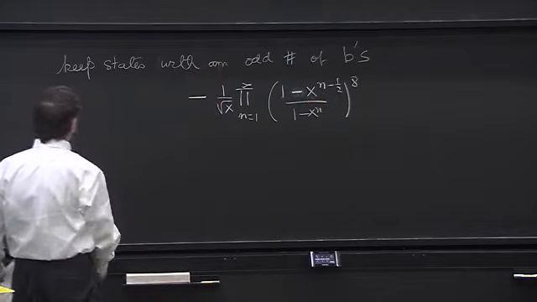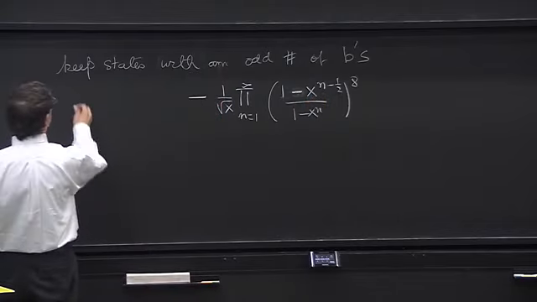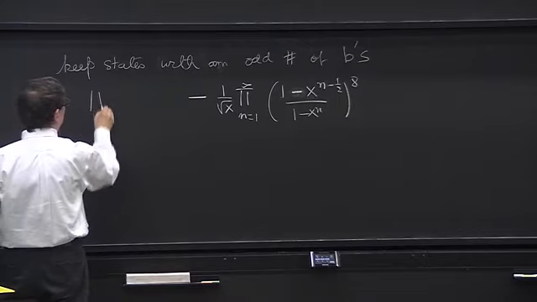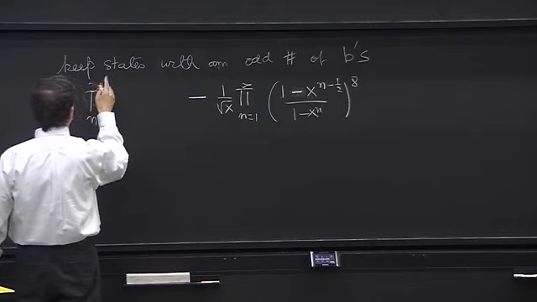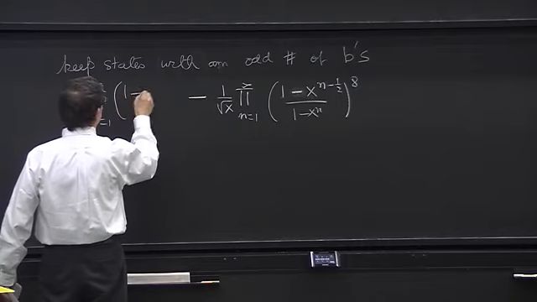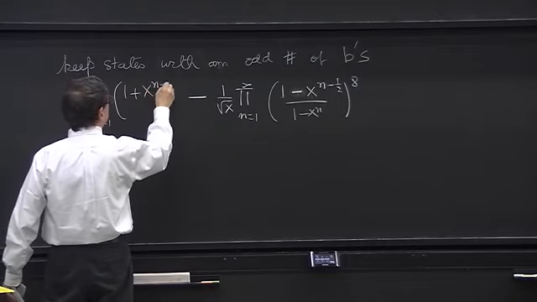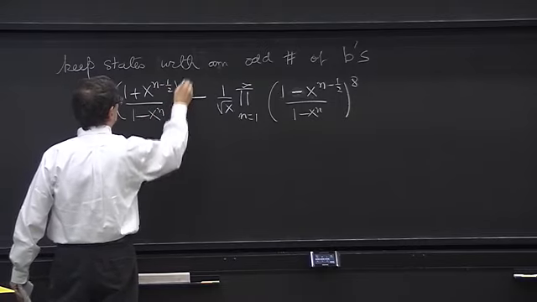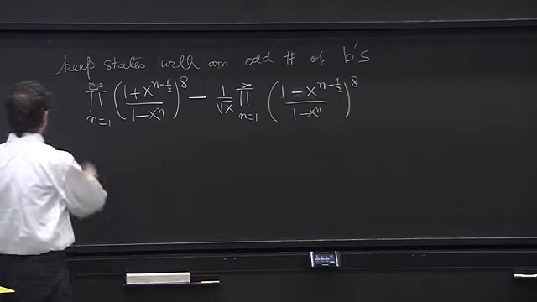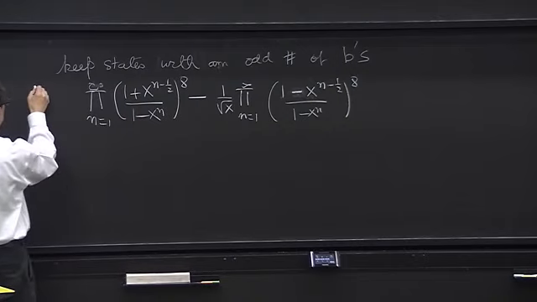So I'll take the original one, subtract this. So I have the product n equals 1 to infinity of (1 plus x to the n minus 1/2) over (1 minus x to the n) to the 8.